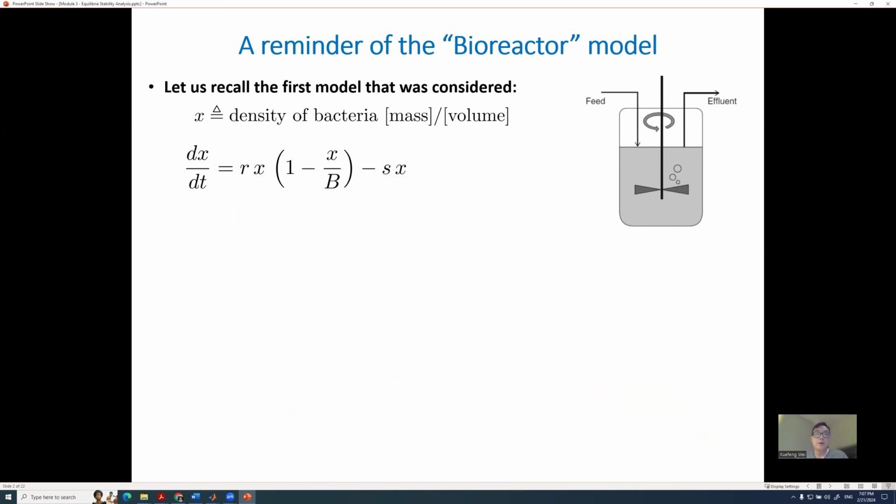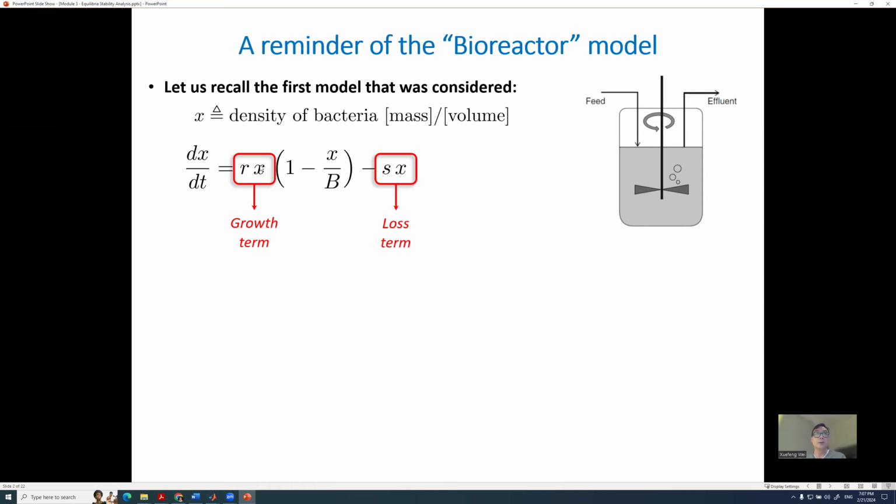In the model of bioreactor discussed in the previous module, module 2, we explicitly modeled the growth and loss of bacteria in a chamber. The first term is the growth term, and the second term is called the loss term. Both are proportional to the density of bacteria.